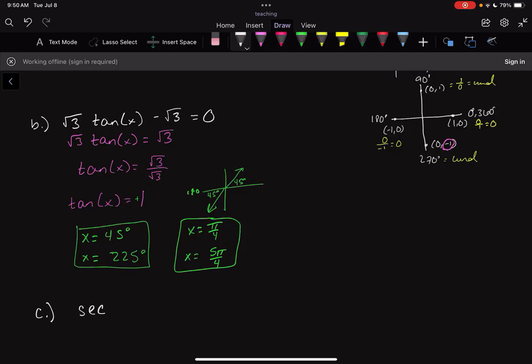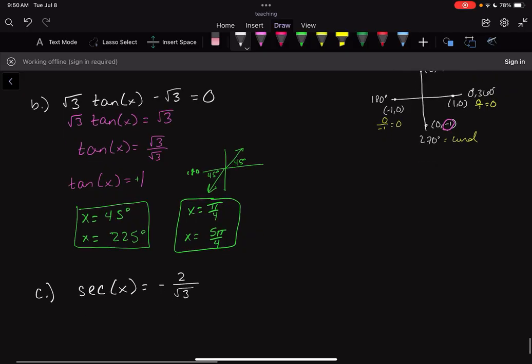So let's do secant x equals negative 2 over root 3. That's fine.